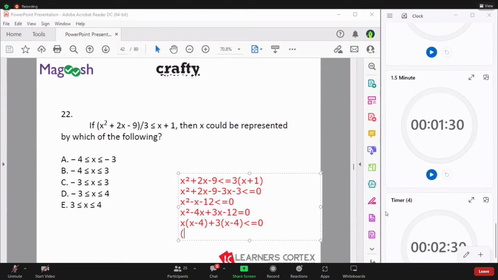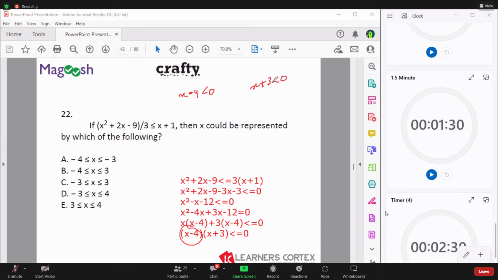The two factors will be x minus 4 and x plus 3, which will be less than or equal to 0. Now the possibility, as I talked earlier, when there are two numbers in multiplication, either x minus 4 will be less than 0 or x plus 3 will be less than 0.